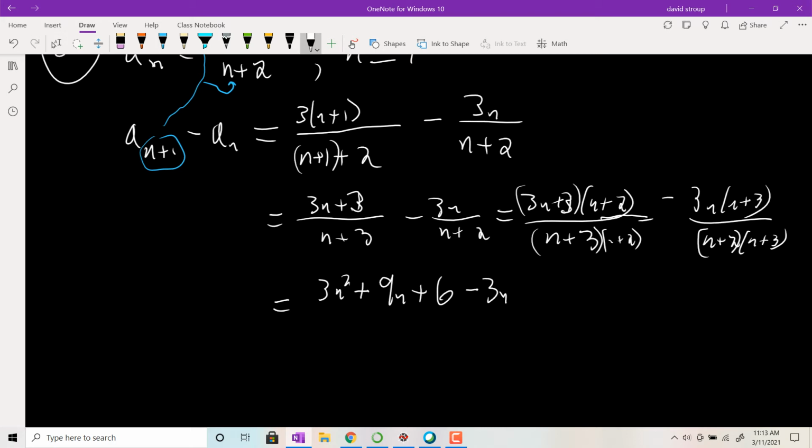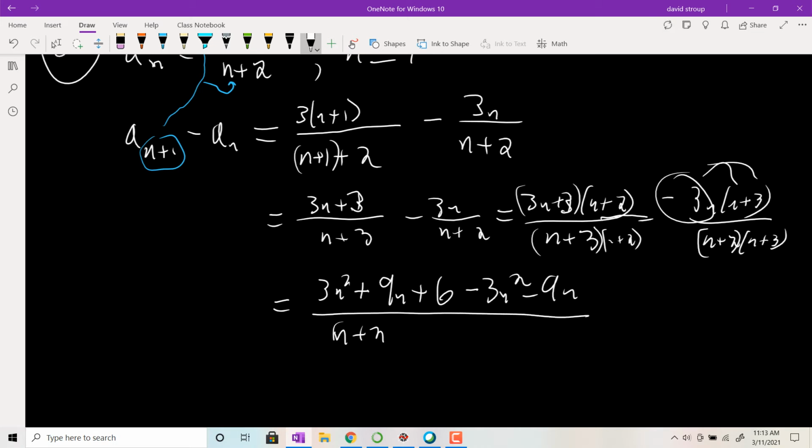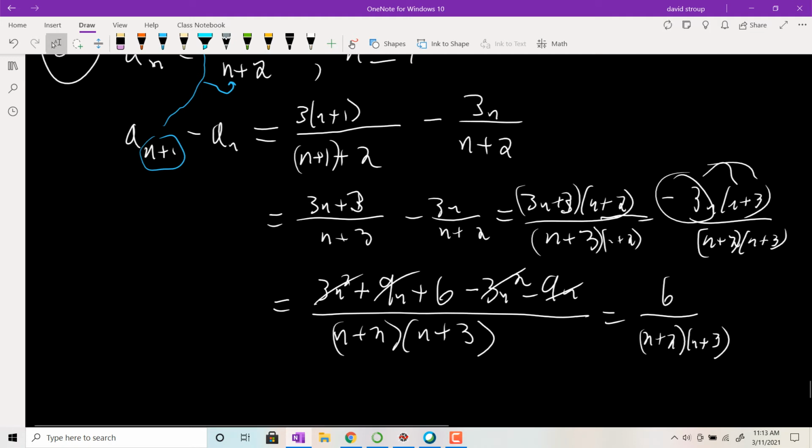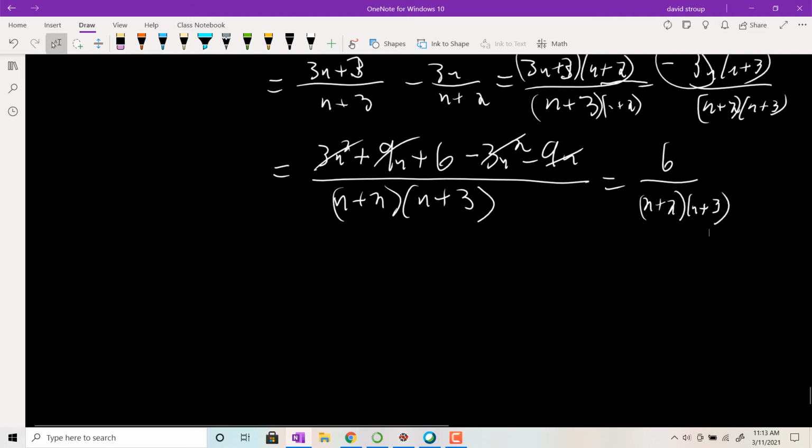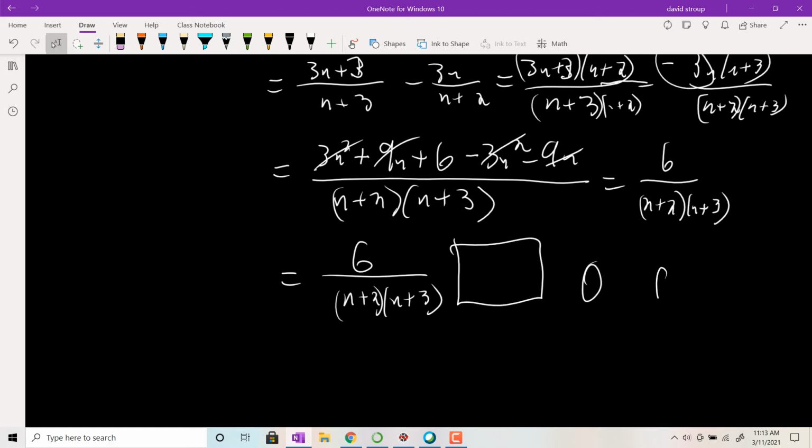So minus 3n squared minus 9n when you distribute the negative, 3n all over n plus 2 times n plus 3. And then these guys cancel, and you end up with 6 all over n plus 2 times n plus 3. And that's our a sub n plus 1 minus a sub n, and we want to compare that to 0. And we're working for n greater than or equal to 1.